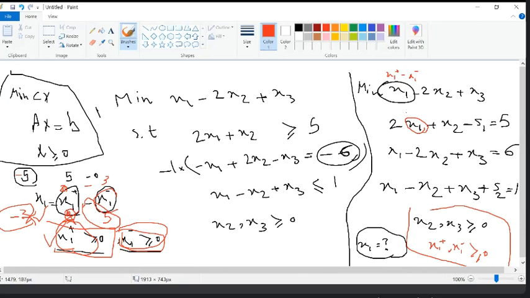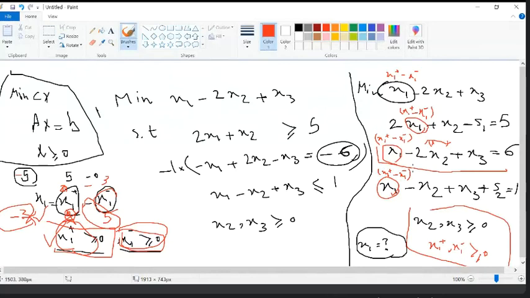In this constraint, x1 is changed to x1 plus minus x1 minus, and in this constraint also, x1 changes to x1 plus minus x1 minus, and this is a standard form.